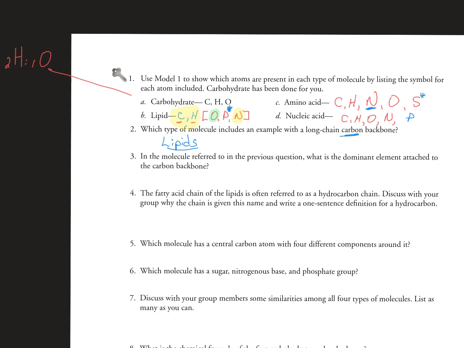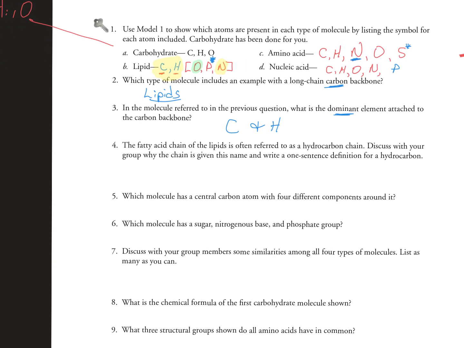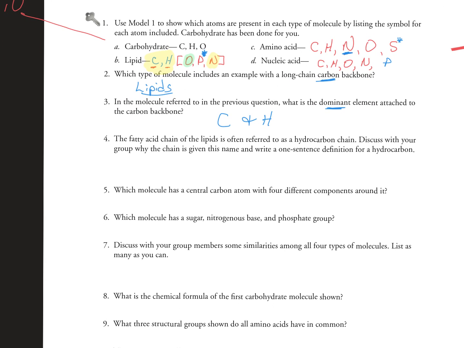In a molecule referred to in the previous question, which is the dominant element attached to the carbon backbone? It would have to be hydrogen, right? As I said, it says dominant element, so it's carbon and hydrogen. The carbon backbone with hydrogen attached. Fatty acid chains in lipids is often referred to as a hydrocarbon chain.